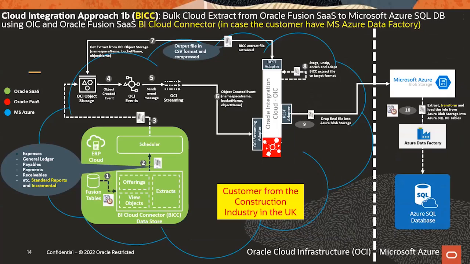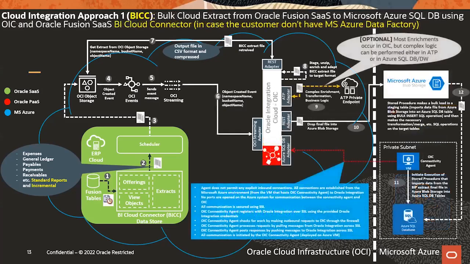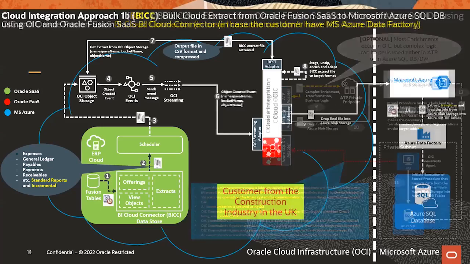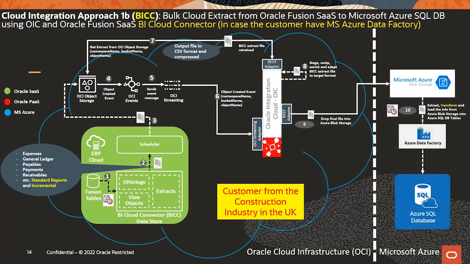So this one is for when the customer doesn't have Microsoft Azure Data Factory, so we can use the Azure SQL Database Adapter together with the OIC connectivity agent. And these are the use cases where the customer already has Azure Data Factory, okay?